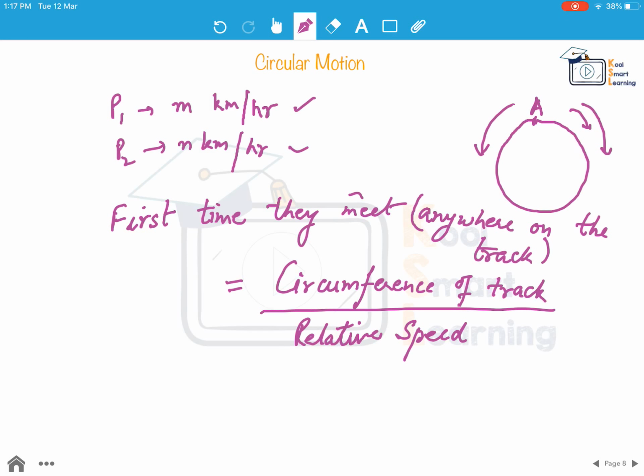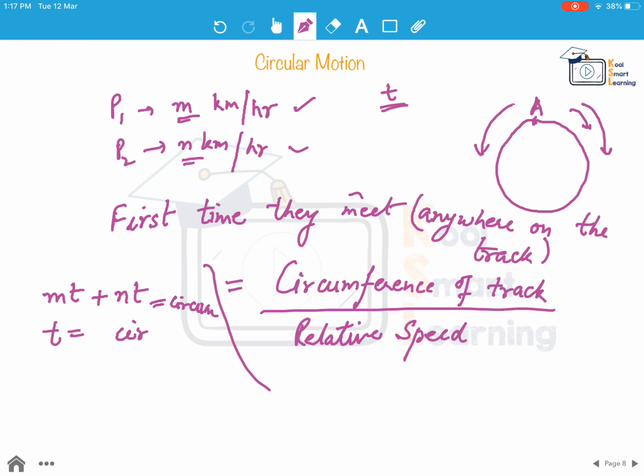So if they're moving in opposite direction, and this person is moving at m km per hour and the second person is moving at n km per hour, the time after which they meet is time t. So the distance that they've traveled is mt plus nt, and that has to be equal to the circumference of this track.